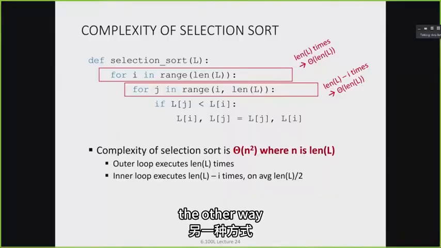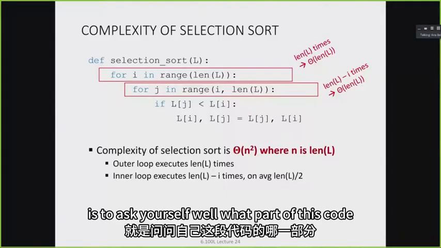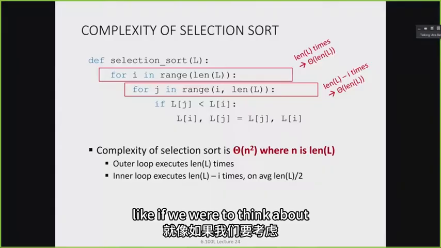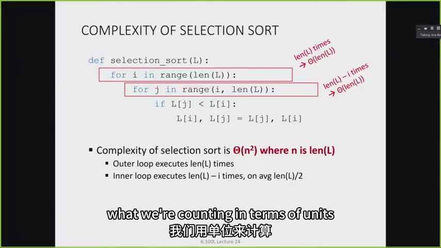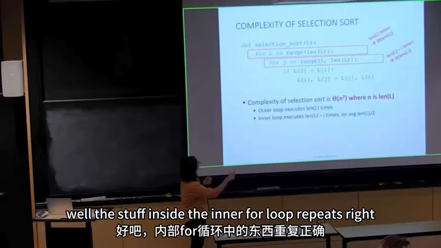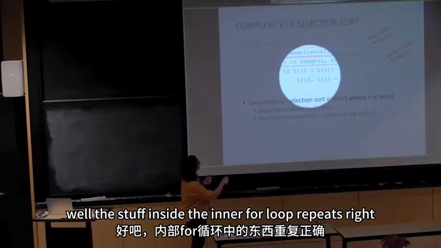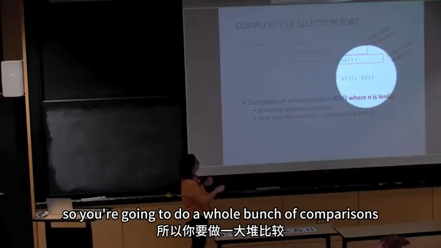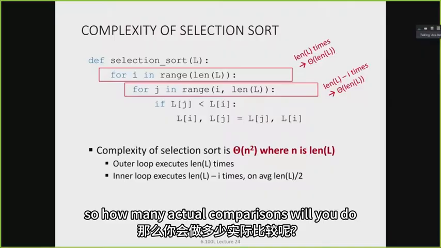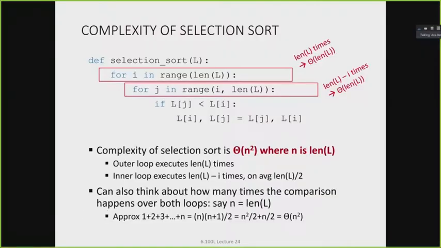The other way is to ask yourself, well, what part of this code is doing the repetitions? Like if we were to think about what we're counting in terms of units, which part of this code repeats? Well, the stuff inside the inner for loop repeats, right? So you're going to do a whole bunch of comparisons. So how many actual comparisons will you do?